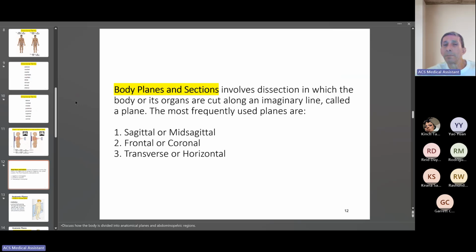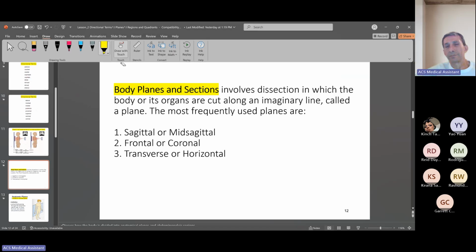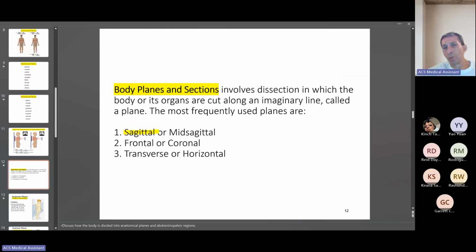There are three major body planes. We have here the sagittal or mid-sagittal plane. Remember, those are called planes. Sagittal or mid-sagittal. Remember, sagittal usually means sides. Learn it from me, sides.